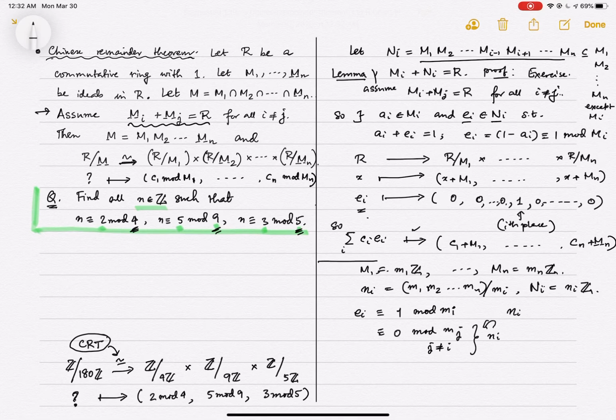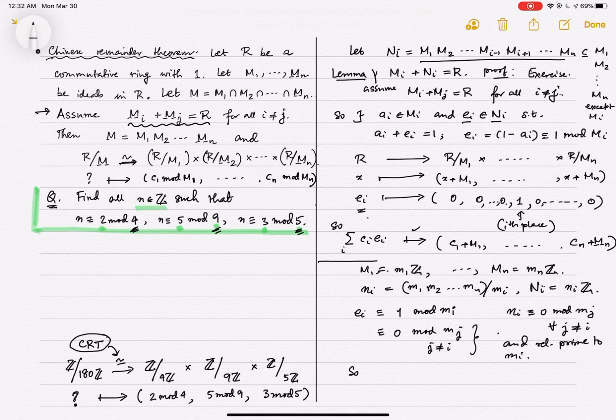And this n_i is also relatively prime to m_i because I have divided by m_i and these numbers are relatively prime. So n_i is 0 mod m_j for all j not equal to i and relatively prime to m_i.